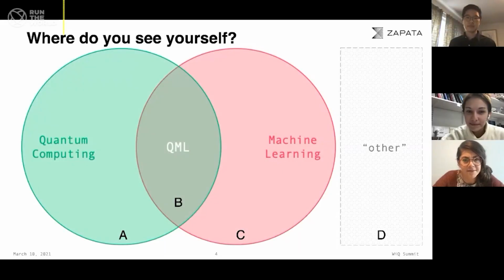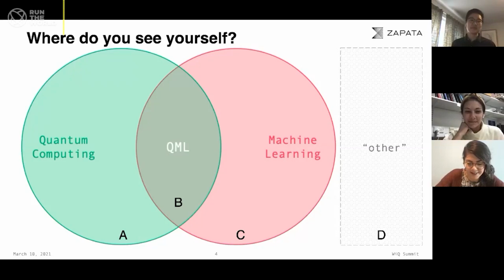The poll has been completed, Hannah, and I can tell you that for the audience, 42% are in quantum computing, around 17% in QML, 14% in machine learning, and 26% in other. Oh, that's very interesting. So we do have a pretty diverse audience, and it turns out that it's somewhat similar to Zapata Computing, where we did the same exercise to get a sense of where everyone's interest and research lies.